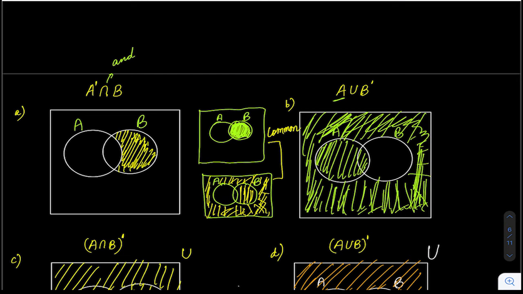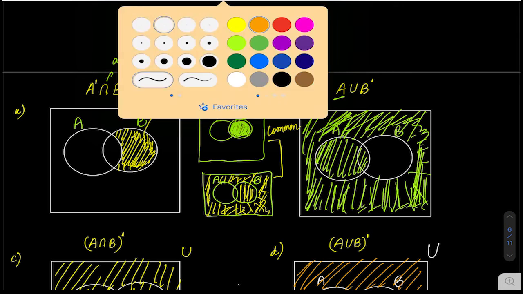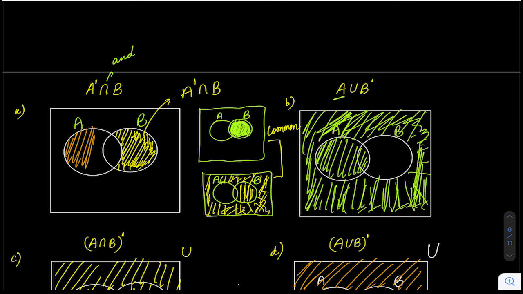Try to visualize this. This part is common in these two set diagrams. So this area becomes our A complement intersection B. Similarly, this part will be B complement intersection A.